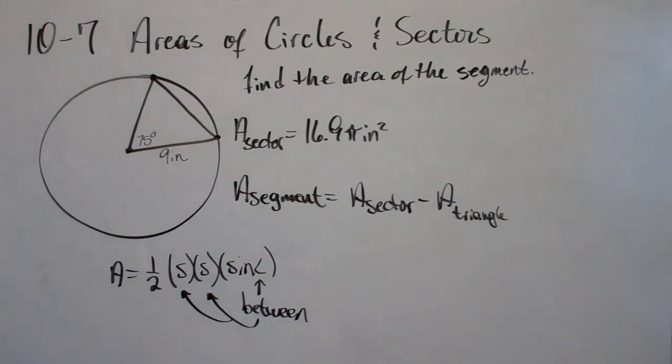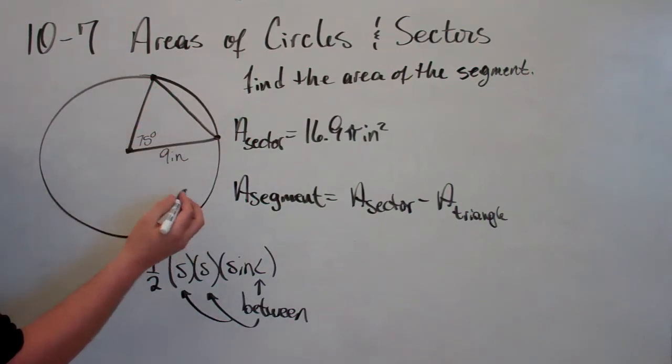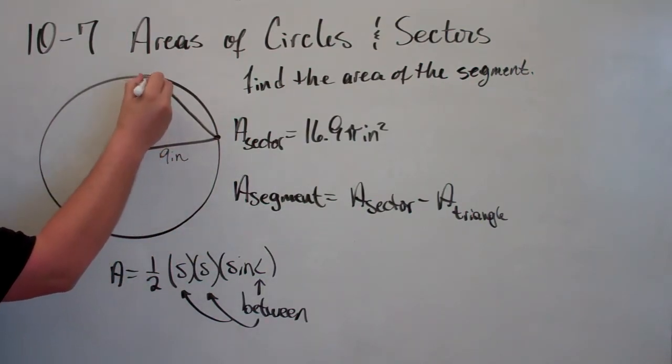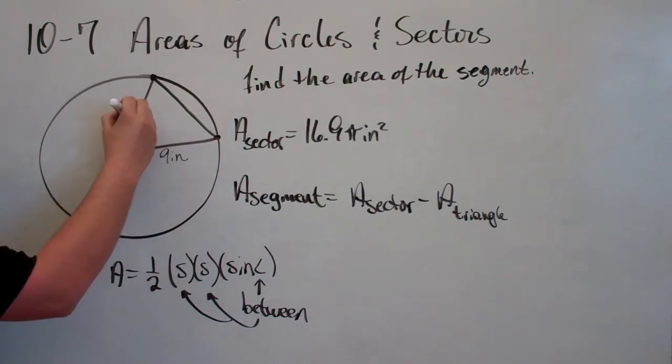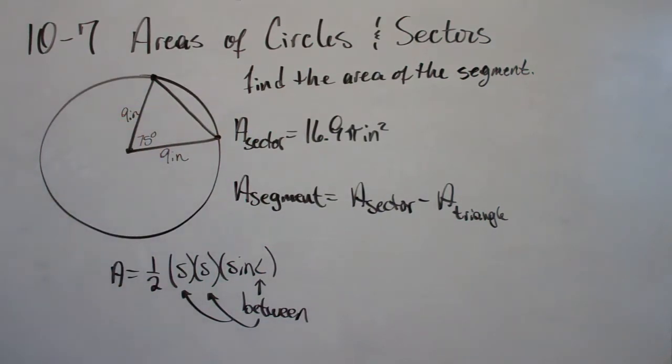Well, if you look up here, this is an isosceles triangle. How do we know? We know because these two sides of the triangle are radii, so we know that this is 9 inches as well.